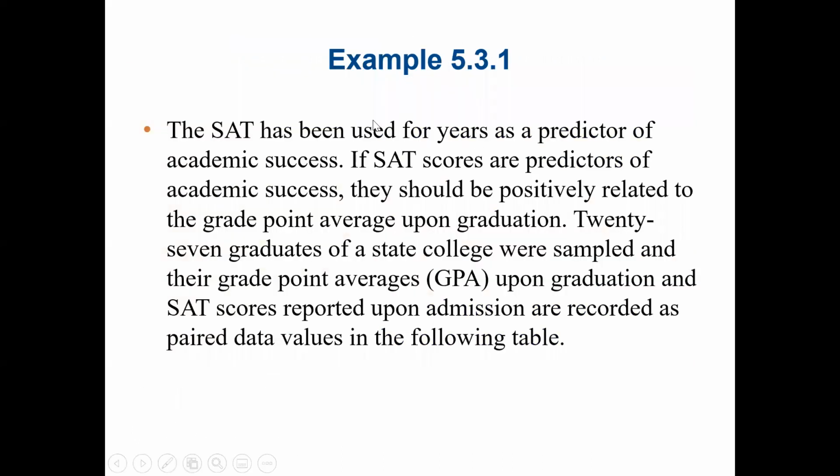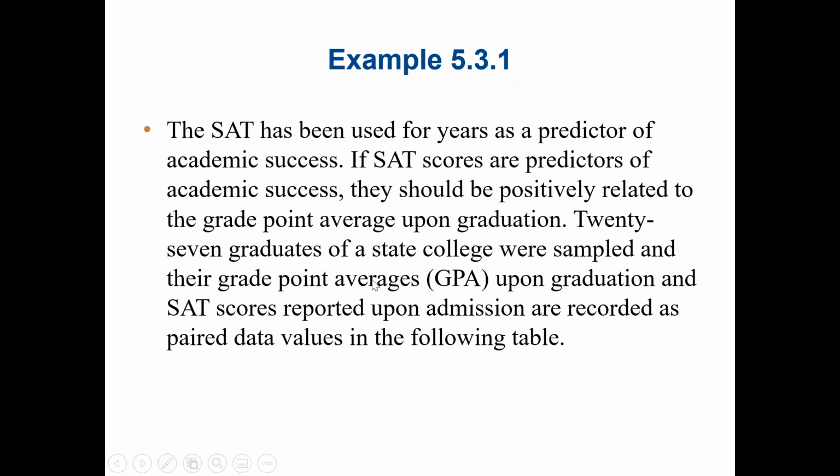So we have an example here. The SAT has been used for years as a predictor of academic success. If SAT scores are predictors of academic success, they should be positively related to grade point average upon graduation.